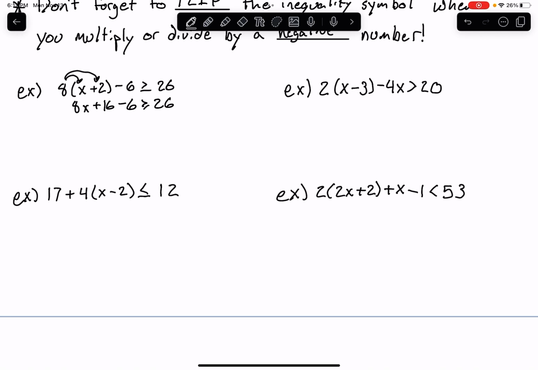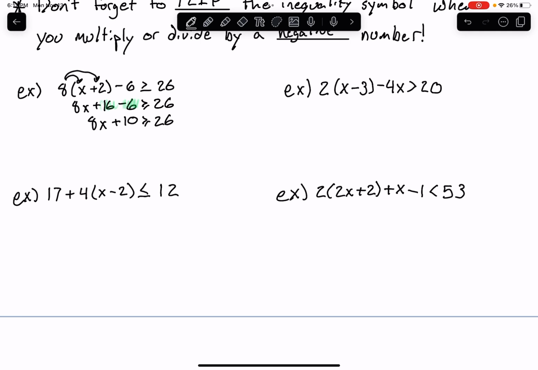The only like terms we have going on here are this constant, 16, and this constant, negative 6. So we're just going to combine those. We have 8x, and 16 minus 6 is going to leave us with plus 10, greater than or equal to 26.